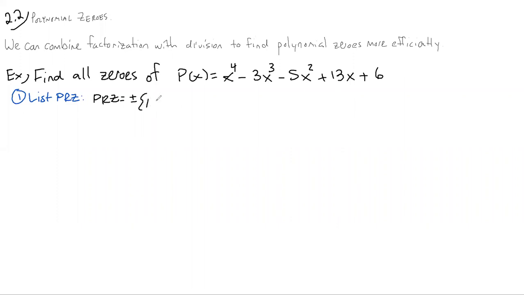So I'll just do the factors of 6, right? Because it would be divided by the factors of 1, which is just 1. So it's going to be that list, 1, 2, 3, 6. And so what we're going to do is plug them in till we find them.